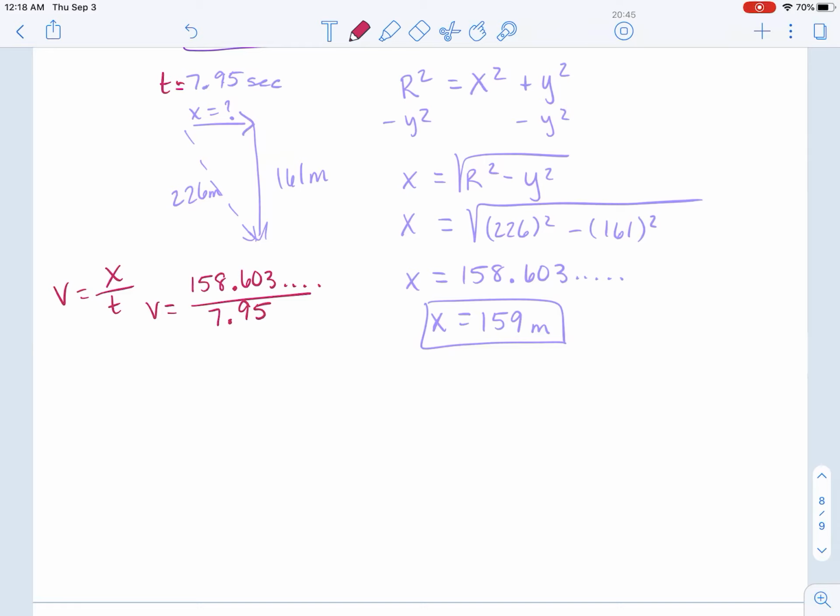We put this in our calculator and we get 19.9500, and once again there's more digits. When we round this for sig figs, this is going to round to 20.0. I've calculated my velocity. This was meters and that was seconds, so meters per second. So the velocity in the horizontal direction, which in this case was to the east, is a value of 20.0 meters per second.